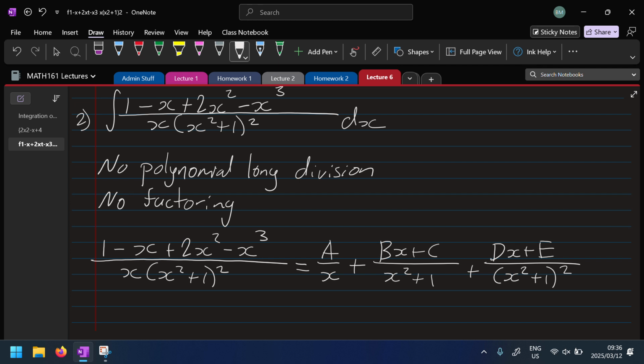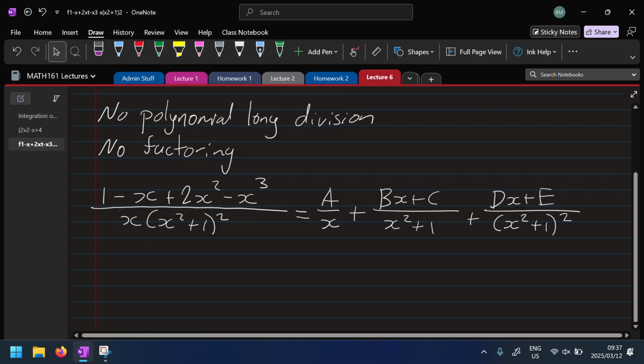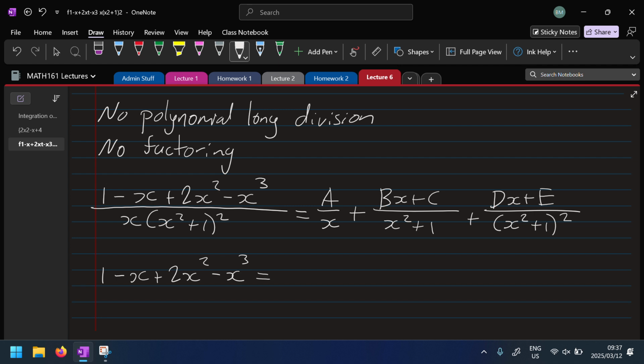Now we want to solve for a, b, c, d, e. We've got quite a bit to solve for. Like I said before, we don't want to work with fractions, so let's clear the denominator. So we're going to have 1 minus x plus 2x squared minus x cubed equal to a over x times all of that there. That's going to be a times (x squared plus 1) squared. Then we have the next term, x squared plus 1.